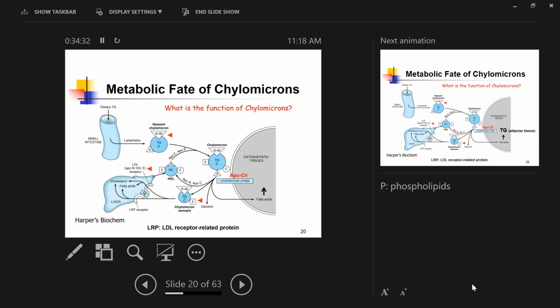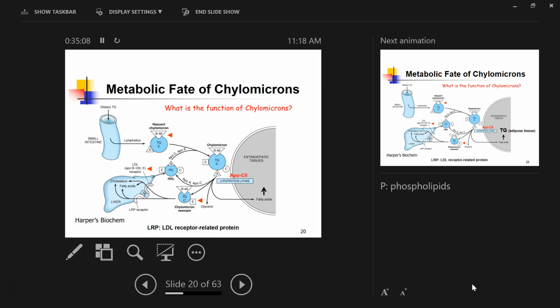So the chylomicron remnant is eventually taken up by the liver because the chylomicron remnant still has the ApoE protein on its surface. And we know that ApoE is very important for binding to the LDL receptors. So chylomicron remnant is basically picked up by liver through an LDL receptor mediated mechanism.